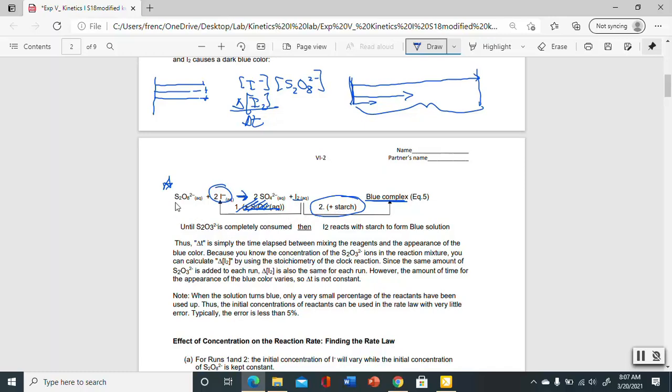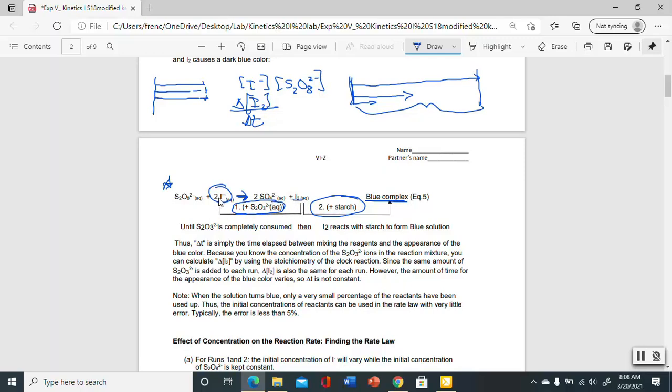So what we're going to do is do this with all of our different concentrations, and depending on how fast this iodine is being produced, it still has to react with the same concentration of thiosulfate.